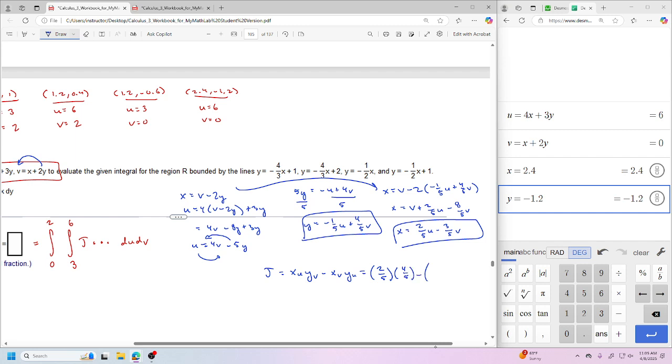Minus, what do I put here? Beautiful. 8/25 minus, if you look at the end there, I got 5/25, which is 1/5. Very nice. It's nice when we get some easy numbers once in a while.